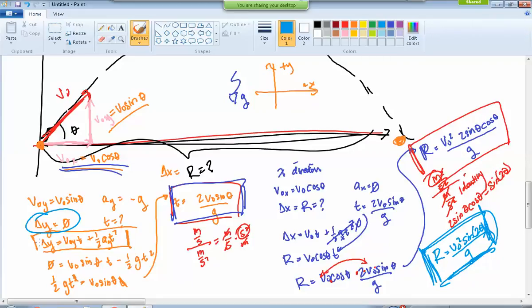Now that's pretty common, like when you're playing football and you're a quarterback and you throw the ball to a receiver over here. That receiver is about the same height as the quarterback, so they catch it at about the same height that the quarterback throws it. So therefore, the range equation actually works fine.